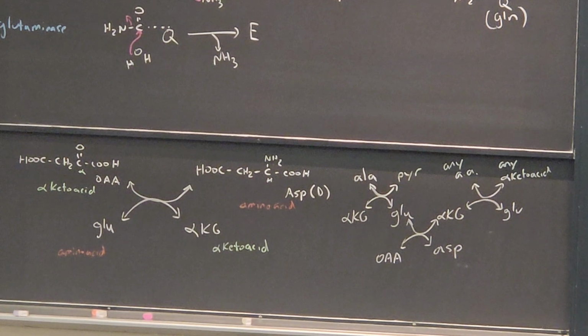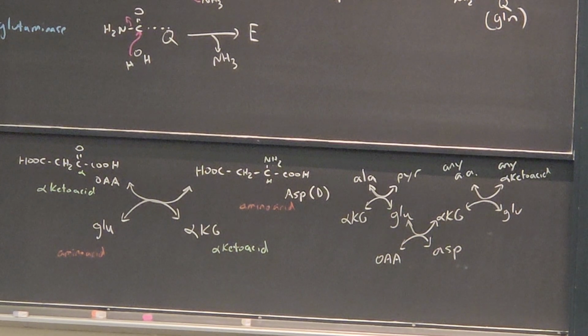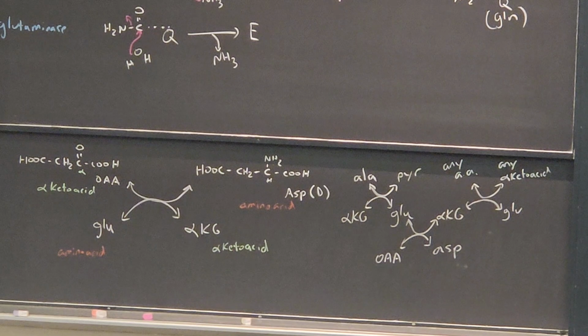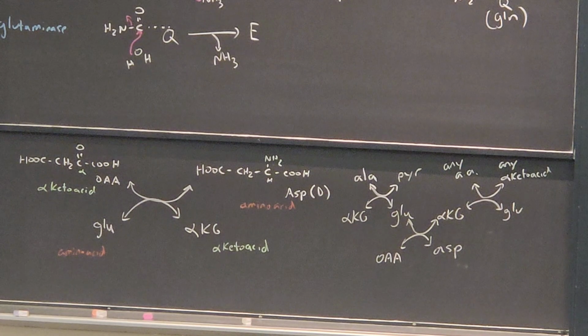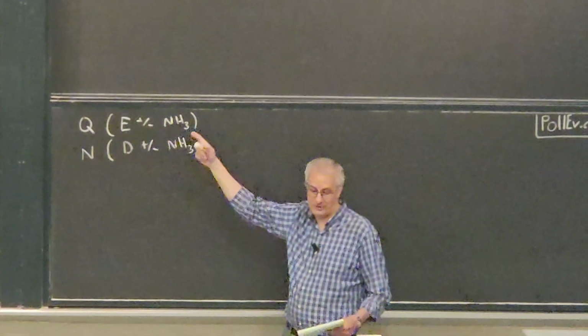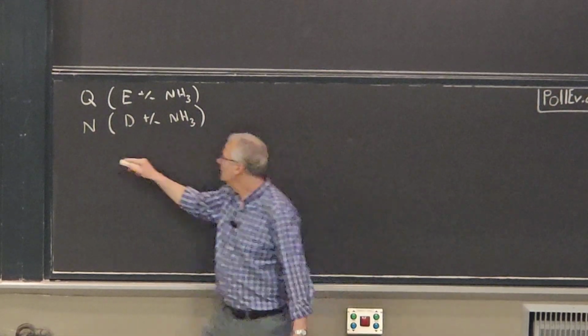This works just like glutamine, except asparagine is basically glutamine but one carbon shorter. So that's aspartate going to asparagine. Very similar thing. Why nature chose glutamine and glutamate to be the donor and not aspartate and asparagine, I have no idea, but that's what they are.